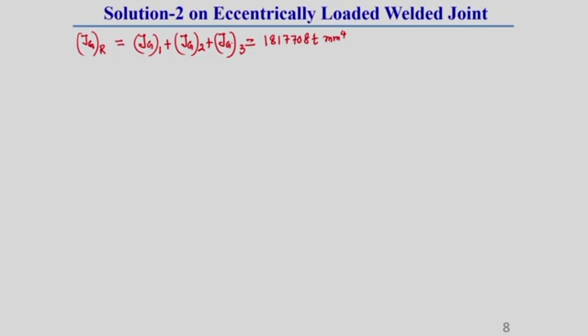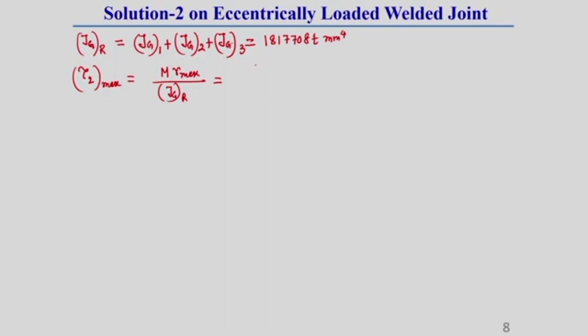So, how much tau 2 max are we getting? Tau 2 max we are getting as M into r max divided by JG resultant. Here we have all the values, M is known to us, r is known to us.